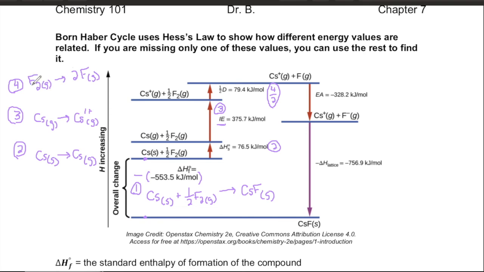We're taking half of a fluorine molecule and making it an individual fluorine atom. So this amount is half the dissociation energy. It's reaction 4 divided by 2. So that is that amount of energy. And now we have to put an electron on the gaseous fluorine atom to make it a gaseous fluorine ion. This is step 5. This releases energy because it's very easy to add an electron to fluorine.